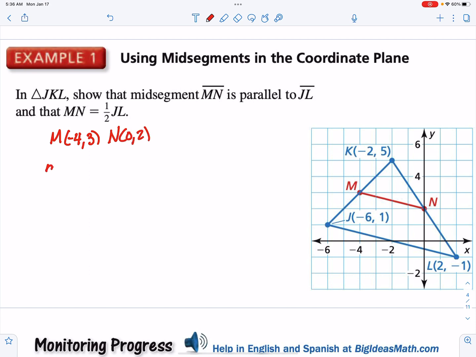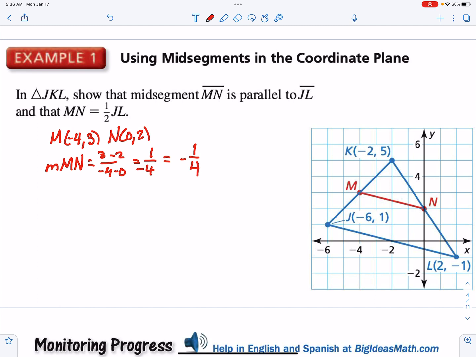So we find the slope of MN, which is 3 minus 2 over -4 minus 0, giving us 1 over -4. So the slope of the midsegment is -1/4.